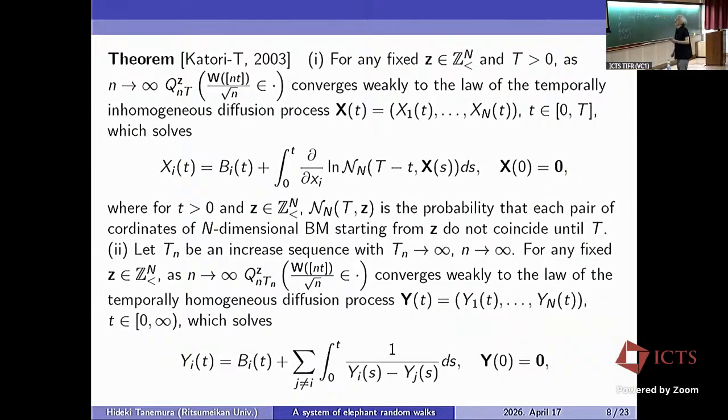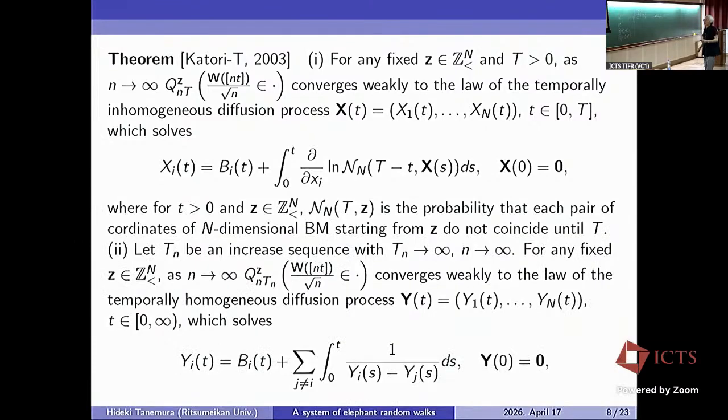And after that, consider these vicious walkers, and under the diffusion scaling, the process converges to a temporally inhomogeneous diffusion process X, and this satisfies this equation. This is Markov, but quite complicated. It is inhomogeneous.